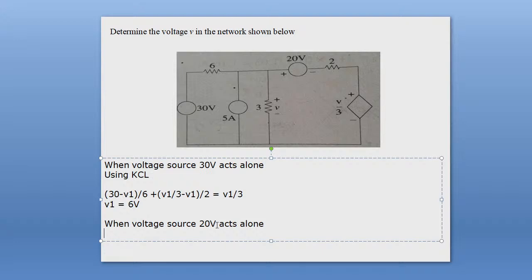For 20 volt you don't need that, you just consider this loop. You use a loop equation, it will help you to solve this problem easily.